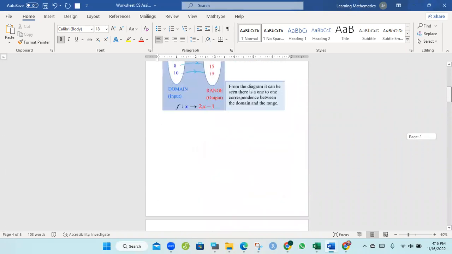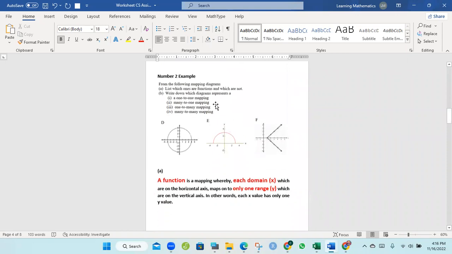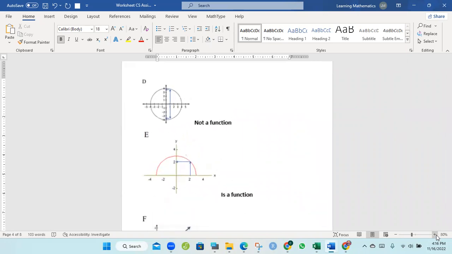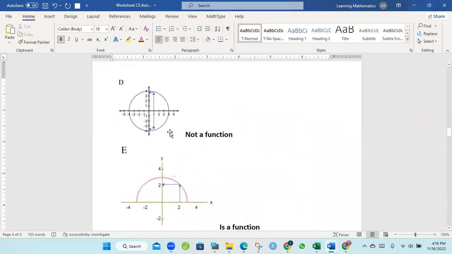For e. Now the question goes on to say, write down which diagram represent a one-to-one, a many-to-one, a one-to-many, or many-to-many. What mapping? So as you can see, each x maps onto more than one y. So one going to many, all right? Because that one is going to 2.